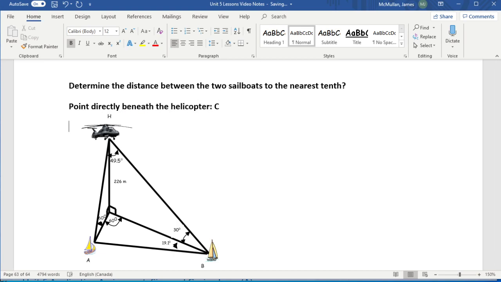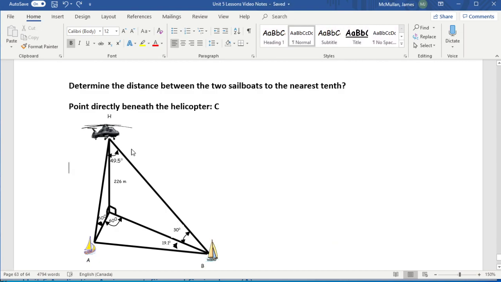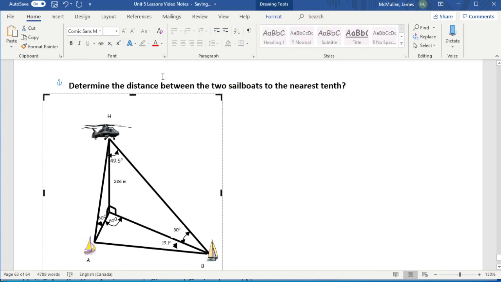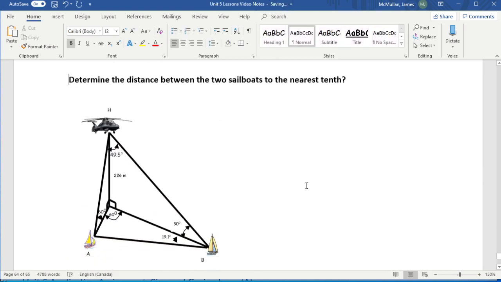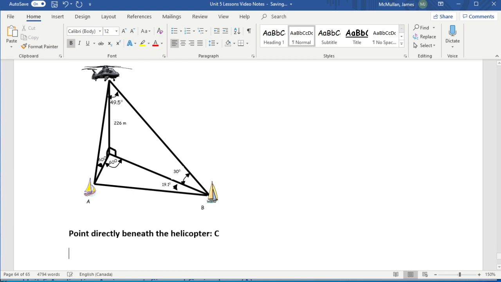Let's call it C. So the point directly beneath the helicopter is point C. Therefore, the triangle that is on the ground, or on the surface of the water, is ABC.